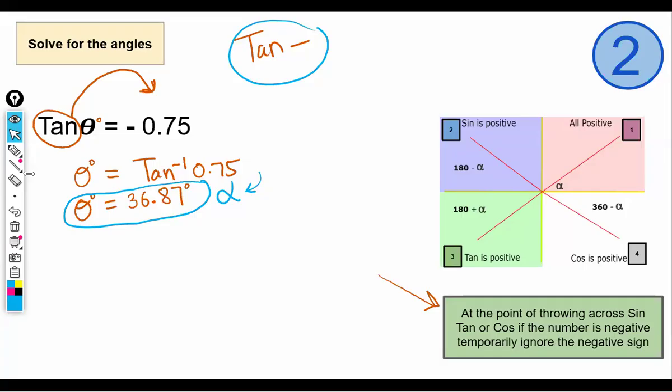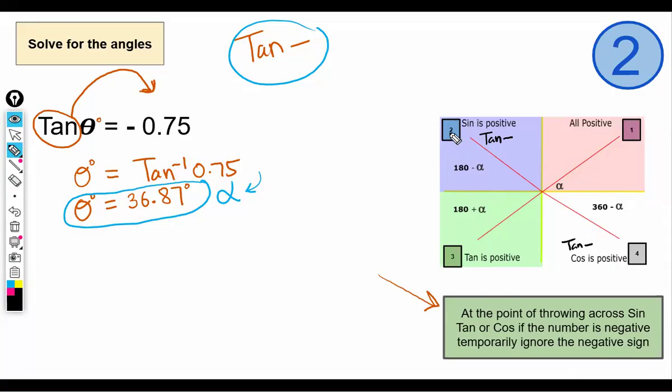Remember, everybody is positive in quadrant 1, and tan is positive in quadrant 3. So tan will be negative in quadrant 2 and quadrant 4. Because quadrant 2 says only sine is positive, which means everybody else, including tan, is negative. And quadrant 4 says only cosine is positive, which means sine and tan are negative.